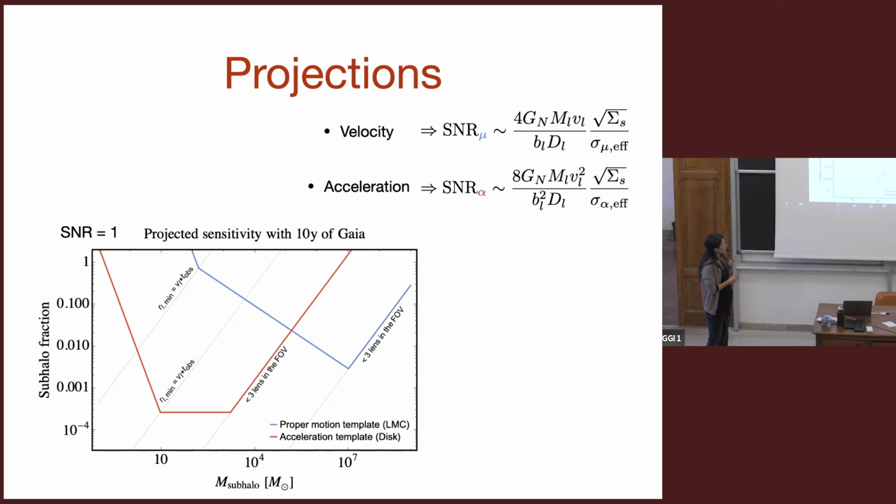So we can use all the stars in the disk, covering a larger solid angle on the sky and being sensitive to lighter lenses. And in particular, this is interesting also because we could potentially be sensitive to astrophysical black holes, for example. They have a solar mass, 10 solar masses or so.